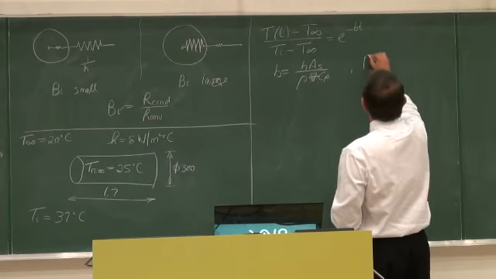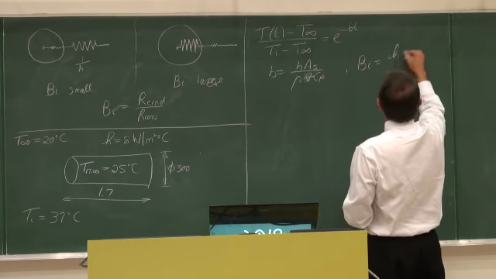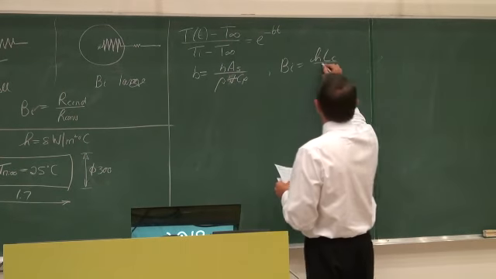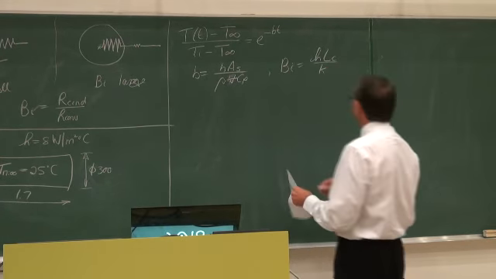And the Biot number is given as the heat transfer coefficient multiplied by the characteristic length divided by the thermal conductivity k.